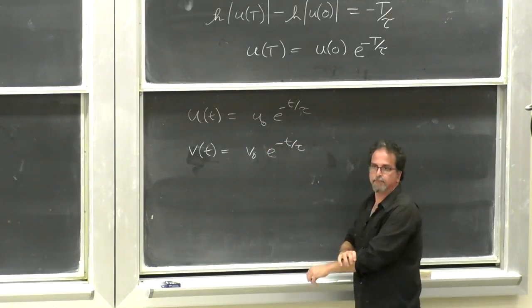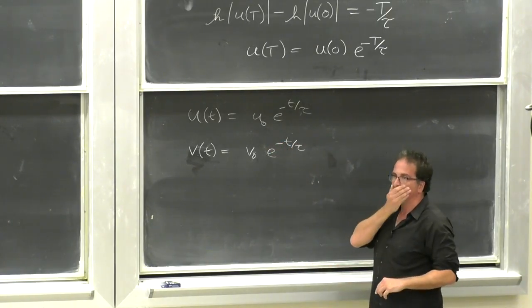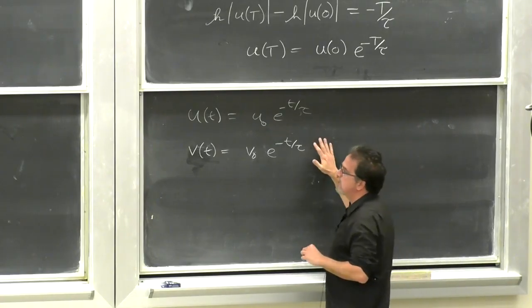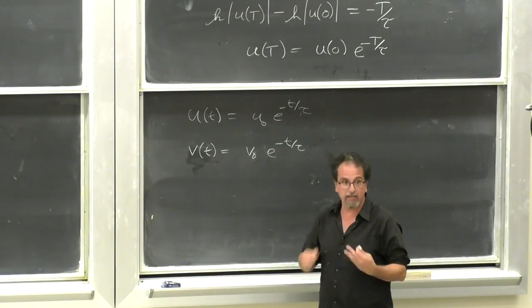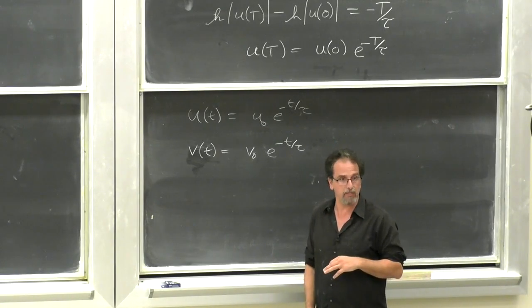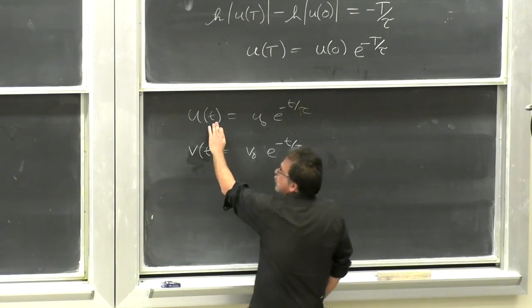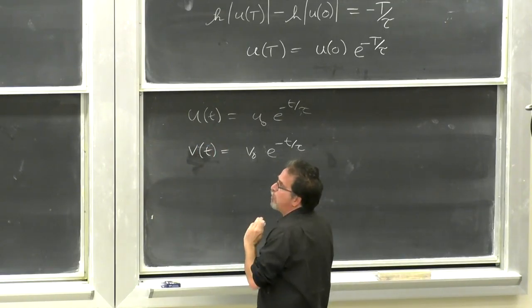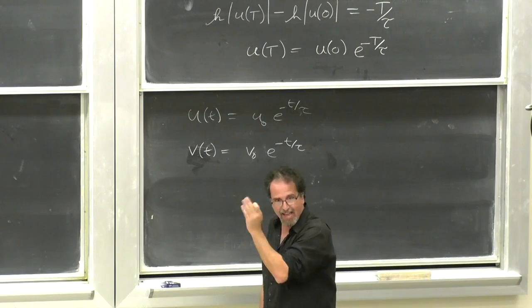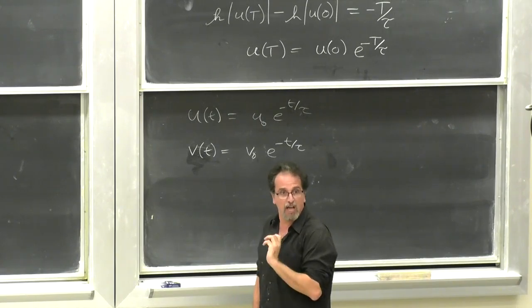That's how you get these guys. Okay? By the way, I'm going to solve this next problem lickety-split. Remember, u is the horizontal component, the x component, the i hat component of the velocity.